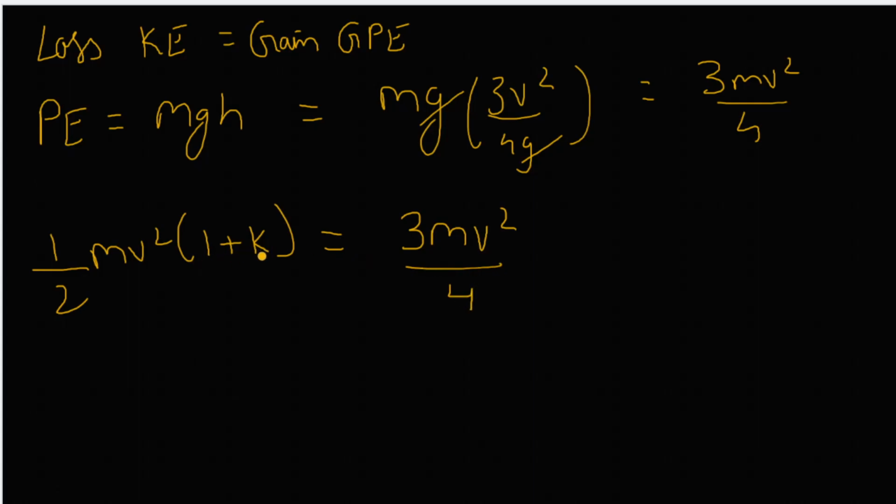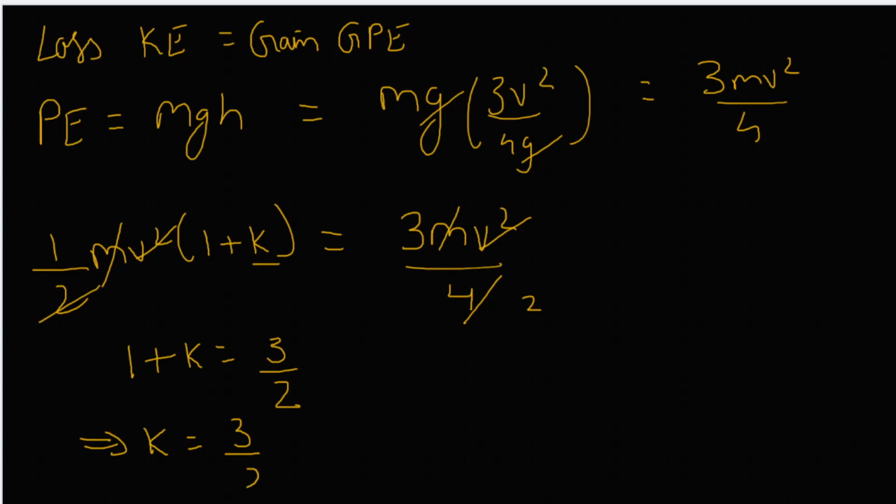Now let us find the value of k. The masses cancel out, v squares also cancel out, and we are left with the 2 here. So we have 1 plus k is equal to 3 by 2. Therefore k is equal to 3 by 2 minus 1, which is equal to 1 by 2.